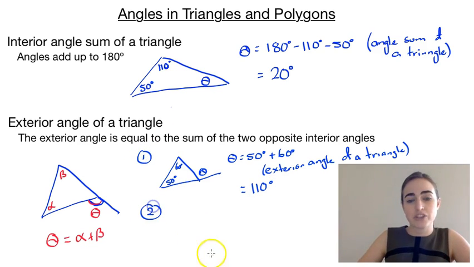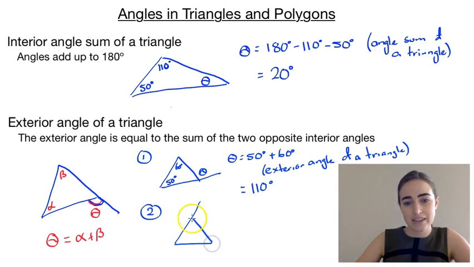The second type of question you might get might give you the exterior angle and ask you to find one of the interior angles. So if we had a question that looked something like this, we're told that this is, say, 120 degrees. We know that this one here is 70, and we're asked to find this angle here.